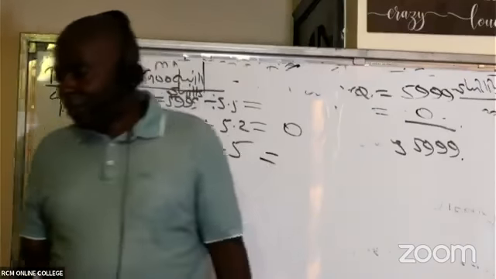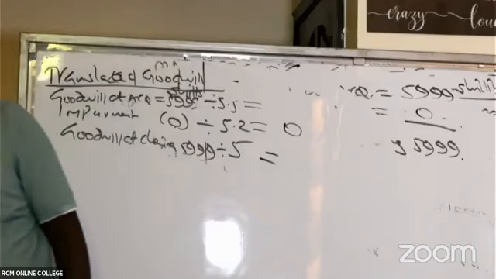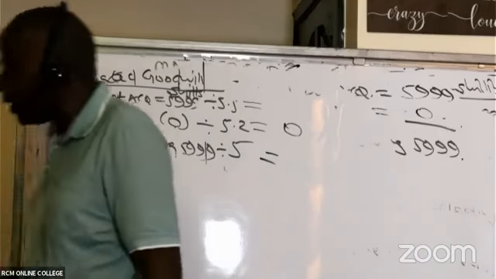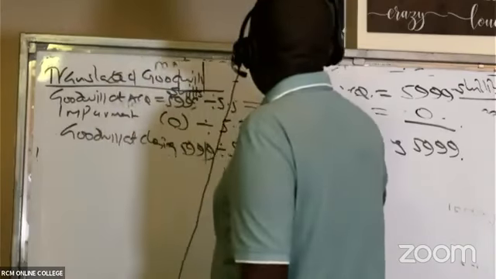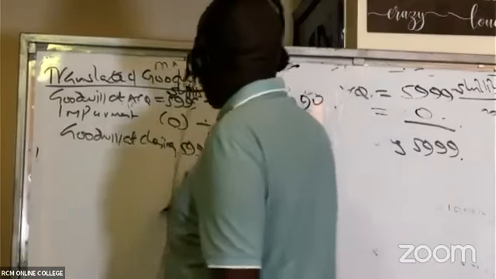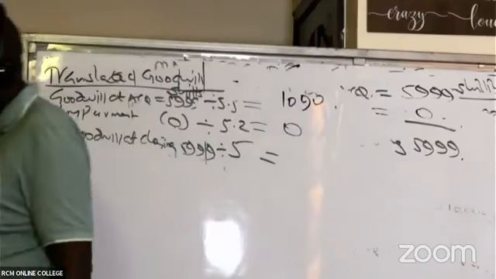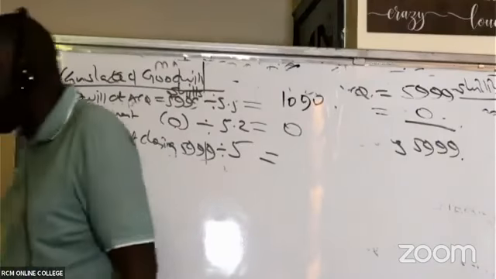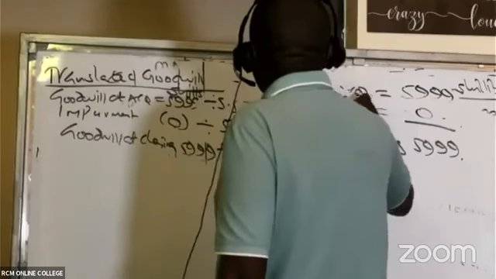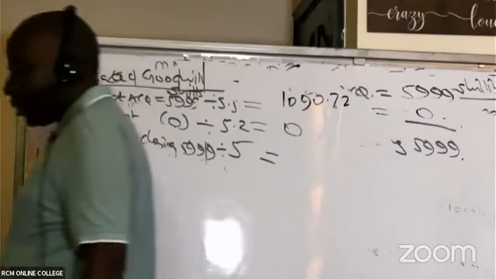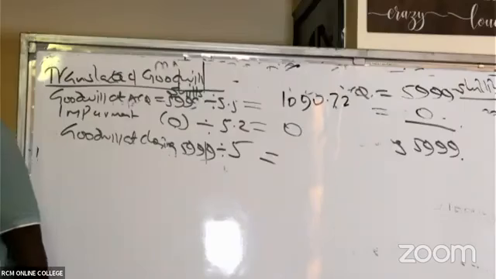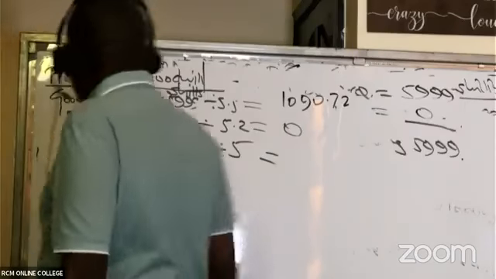According to FPK, 1090. Thank you. How about the last one? 59,999 divided by 5 is 1090.72. Immaculate wants us to be very accurate, which is very good. Closing is 1199.8.